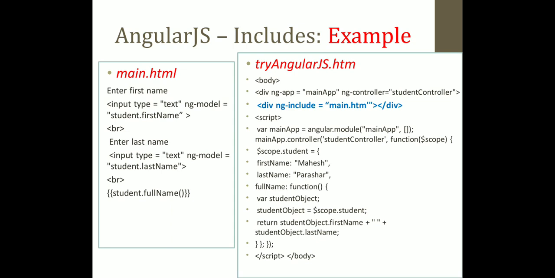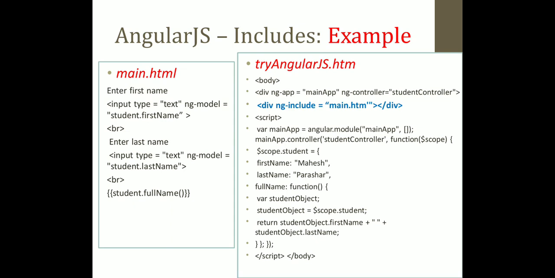Here in the body tag we have included the ng-app directive. mainApp is the name given for the application, and the ng-controller is studentController. Then we have included the ng-include directive, and it has the name main.html. That is the code we have seen now.